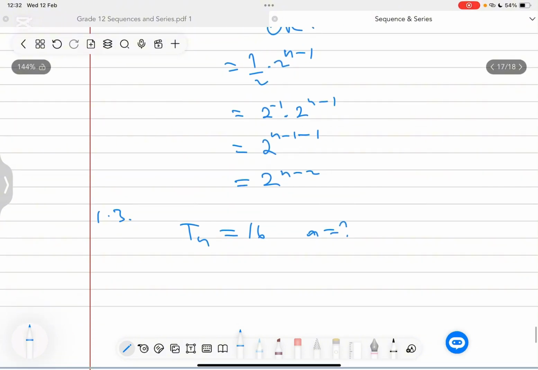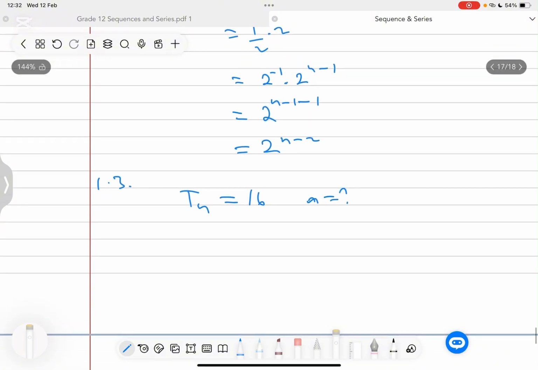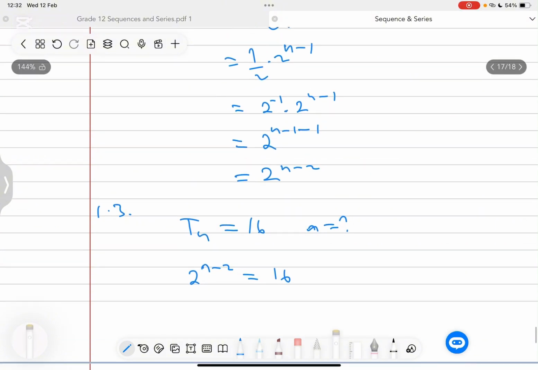Now to solve this, my nth term, I know from the previous question, Tn is given by 2 to the power n minus 2. That is to say, 2 to the power n minus 2 is equal to 16, because remember, Tn is given by this.